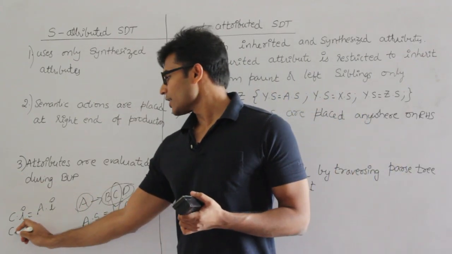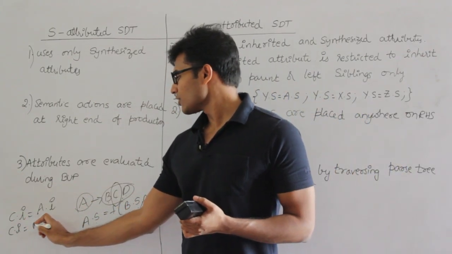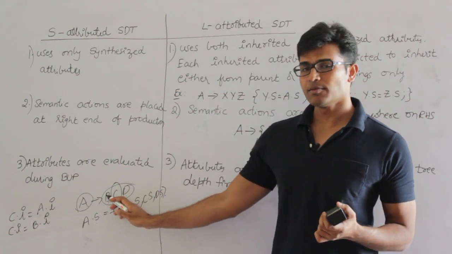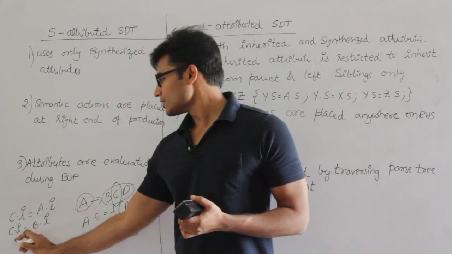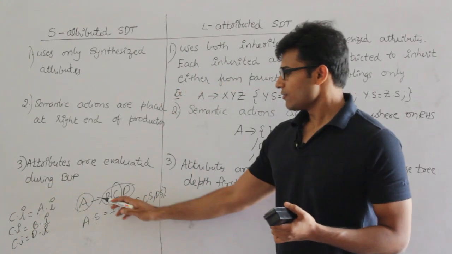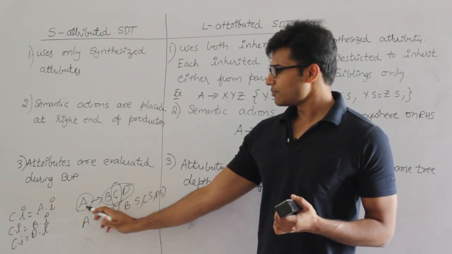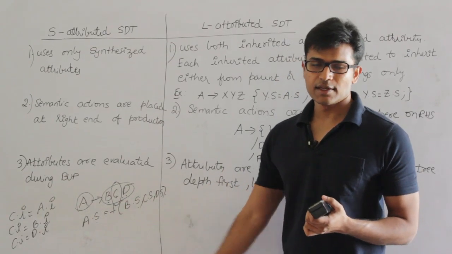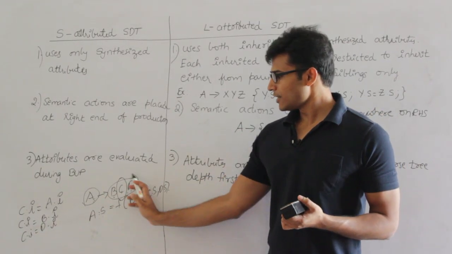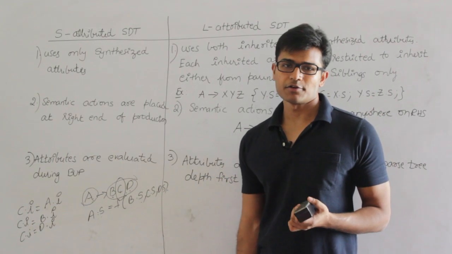Or C.I, if it is taking a value from B.I, which means a node is taking a value from its sibling, or C.I is taking a value from D.I. So if a node takes the value from its parent or from its siblings, then it is called an inherited attribute, and if a node takes a value from its children, then it is called a synthesized attribute.